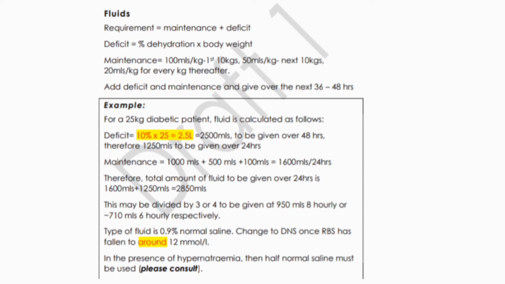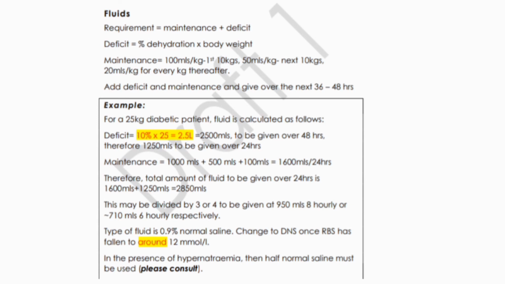Don't make the mistake of having it in mils. Most people do that. Sometimes what they do is 10 times 25 is 250, then 250 what? Mils. But that's not it. 10% times 25 gives you 2.5. Now the 2.5 is not in mils, the 2.5 is in liters.